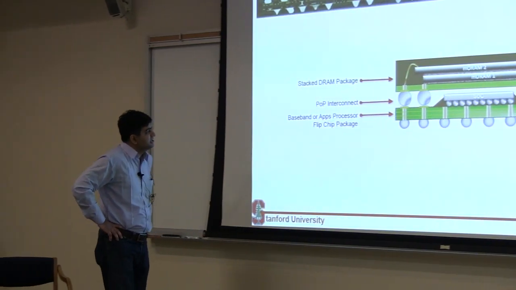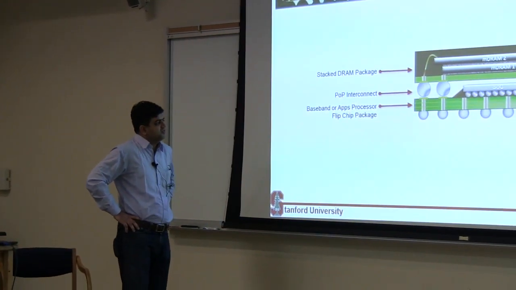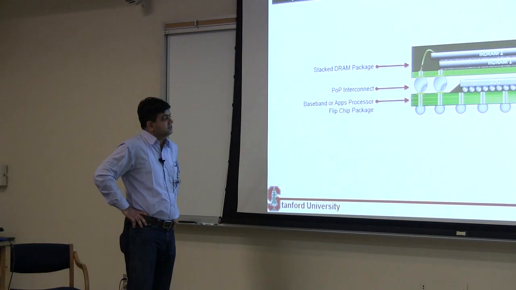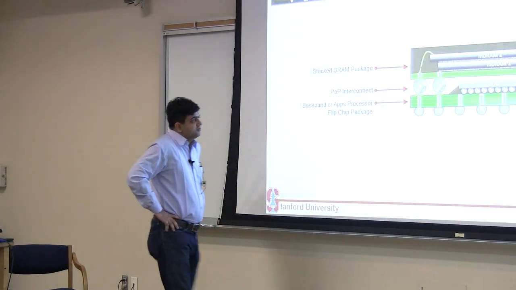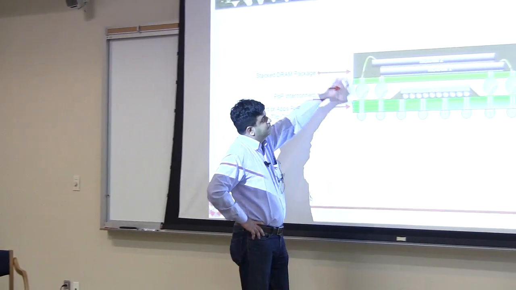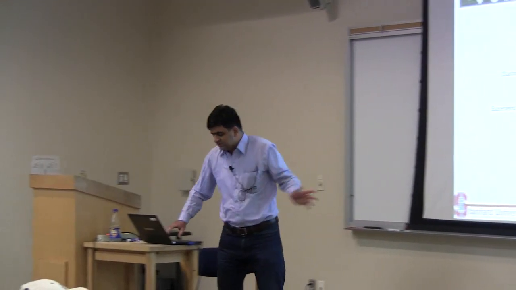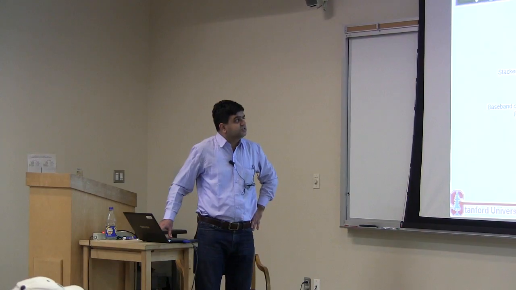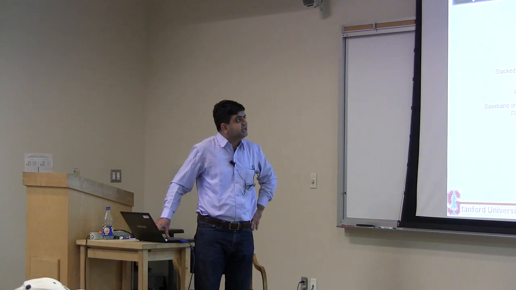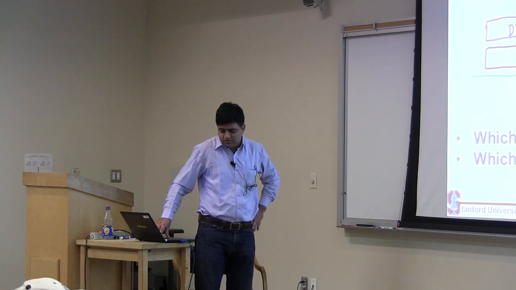The reason here is more from a form factor reduction point of view. It does not give you too much performance benefit if you just place a package on top of a package. But since your smartphone is so constrained for space, people still do it.